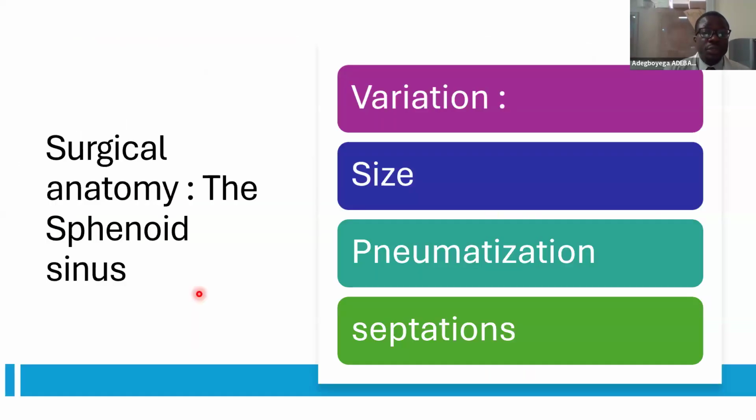this approach. For the surgical anatomy of the sphenoid sinus, it is paramount to consider that there are variations in the sizes and the degree of pneumatization and also the number or degree of septation in the sphenoid sinus. This will help to plan the surgery properly and avoid complications.